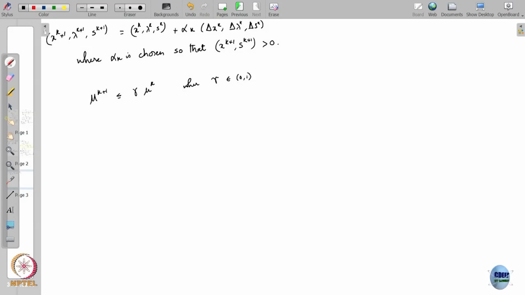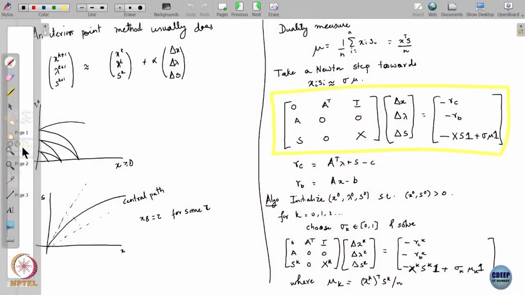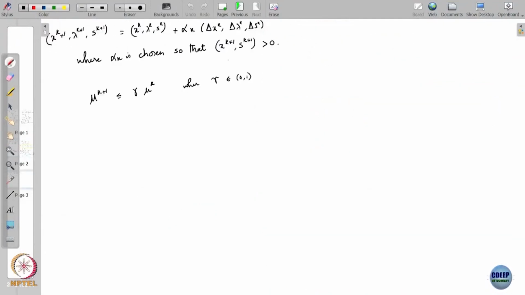Which means that as k becomes larger and larger, your duality measure shrinks, and once your duality measure goes to 0, you would have satisfied complementary slackness. And the way you have designed your search is that it has always maintained feasibility with respect to this particular constraint.